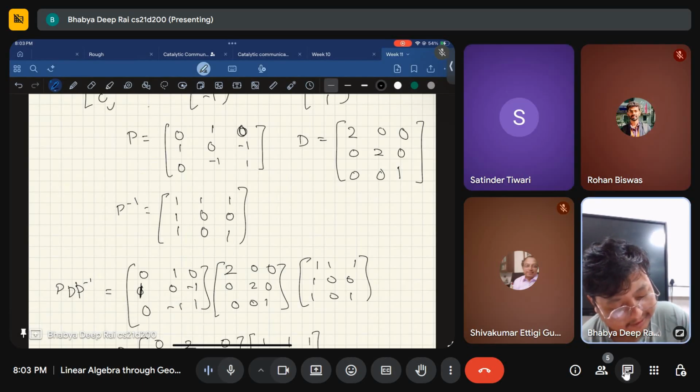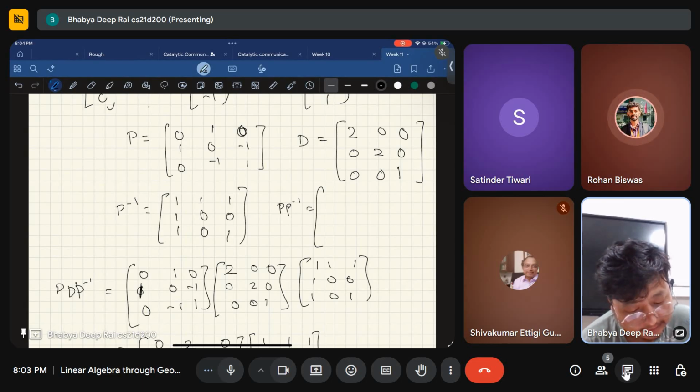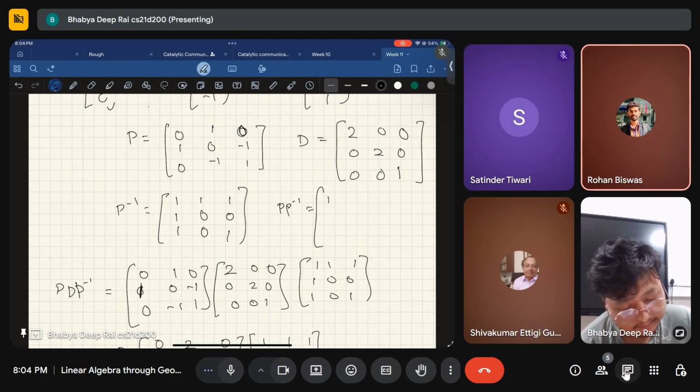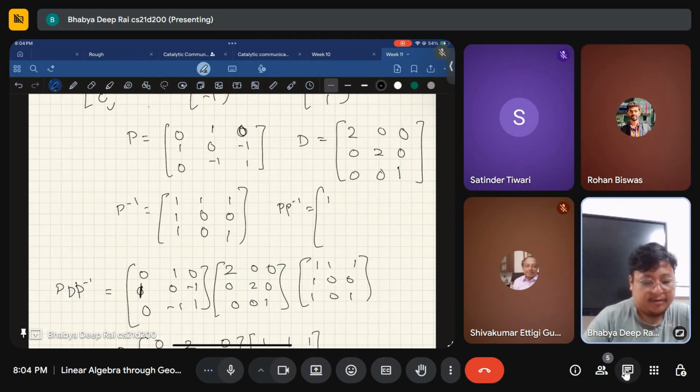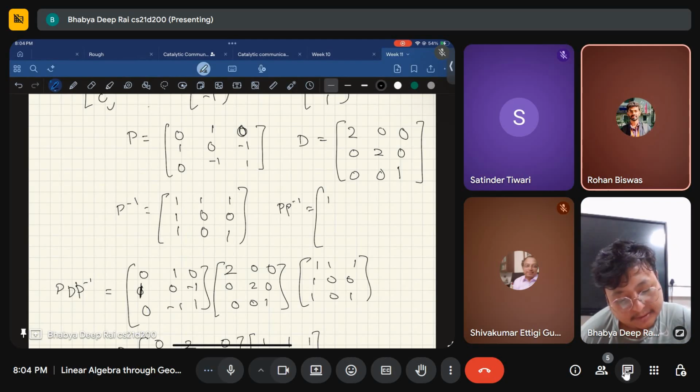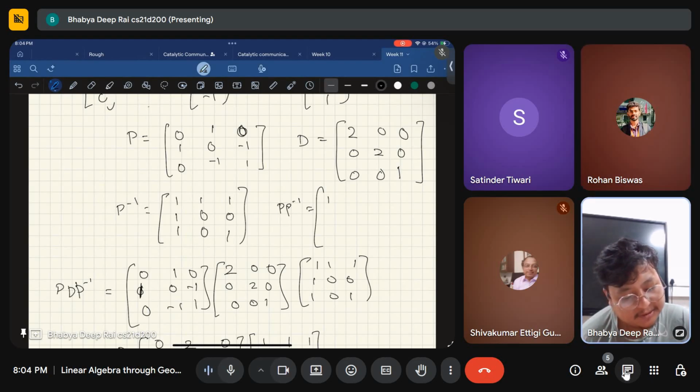Let's verify. P inverse will be equal to... last row is 1 0 1, right? Okay, 1 0 1 is fine. This will be 0 0, and this will be 1, right?